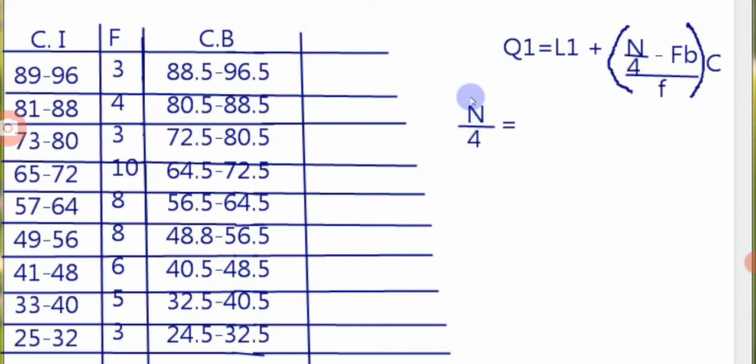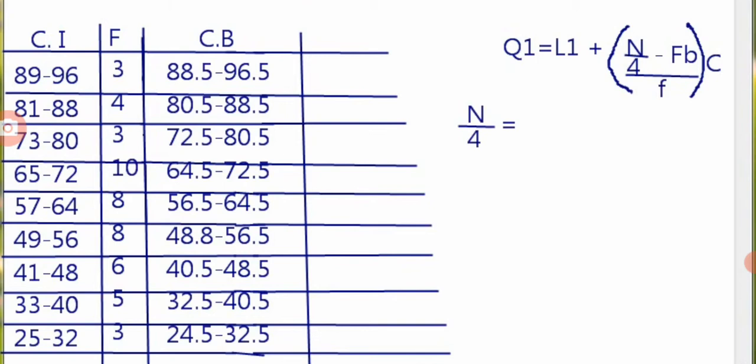Our capital letter N means the summation of frequency, everything you have under this F. So add everything, 3 plus 4 plus 3 plus 10, and so on, and this gives us 50. That means our N is equal to 50.